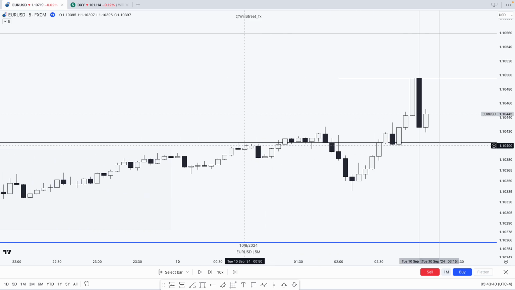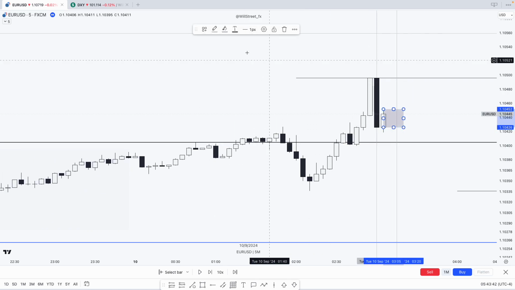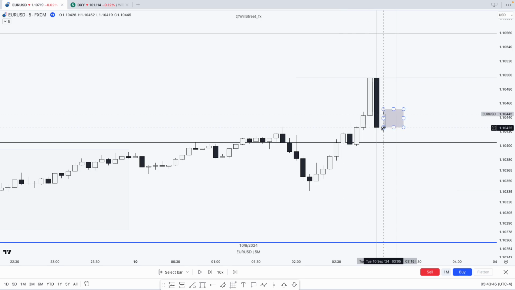Here we want to go short above the next 5 AM open, which is anything above here. You see the open, you see this number here, it's 426. So from here you're allowed to go short.